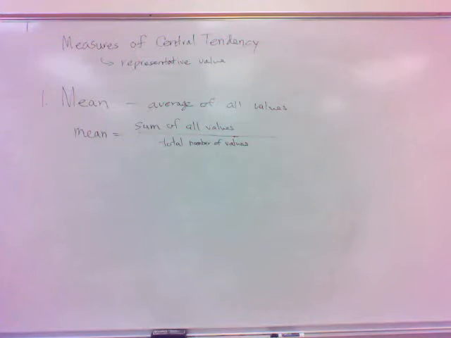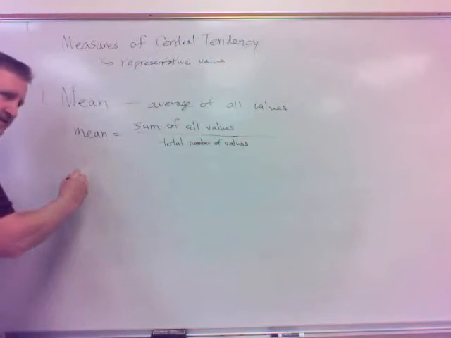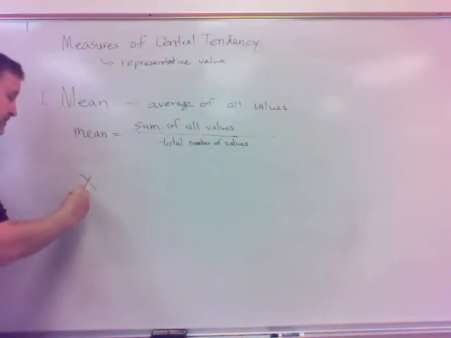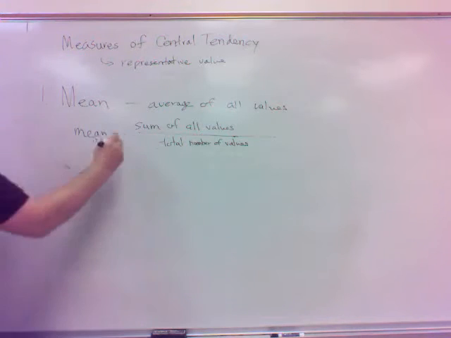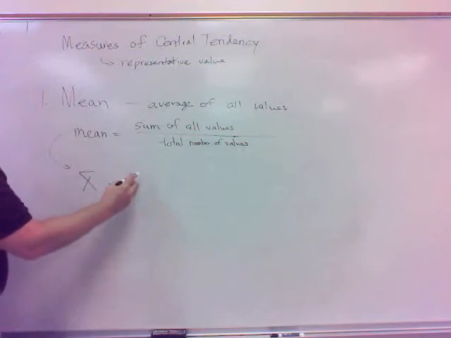Now, let me throw some notation here. The mean is typically denoted X bar, X with a bar on top of it. I usually read it as X bar, and I think a lot of people read it that way. But that means the mean. Now, let me also throw this notation at you.